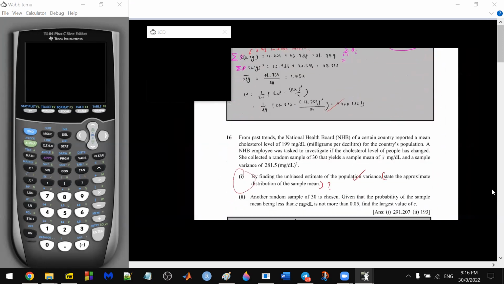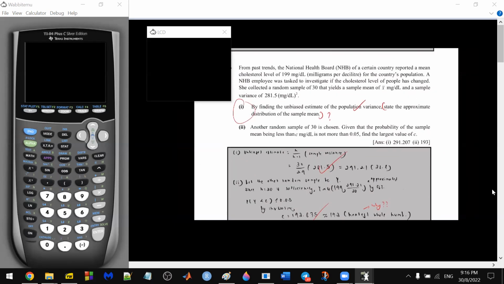What else we have? From past trends, NHB of a certain country reported mean cholesterol level for the country's population. An employee investigates cholesterol level of people, whether it changed or not. She collected a random sample of 30, sample mean x bar, sample variance 281.5. Find the unbiased estimate of population variance.